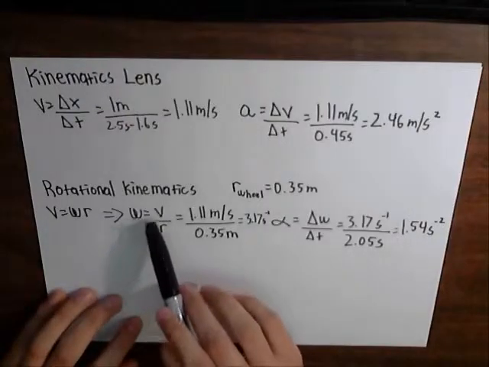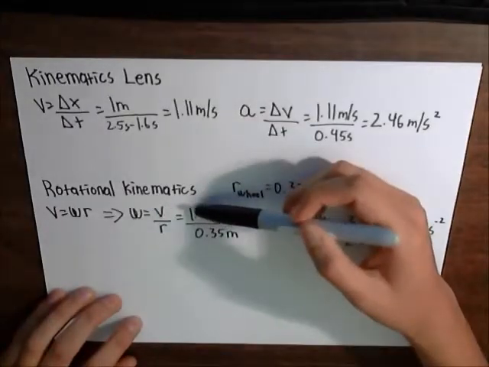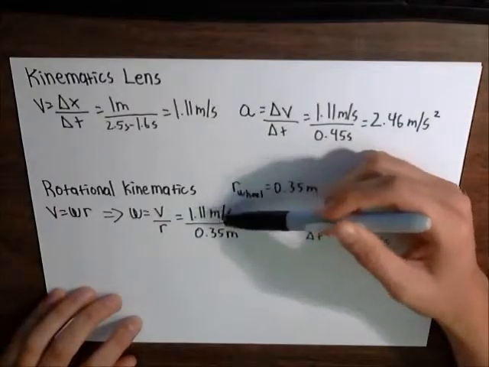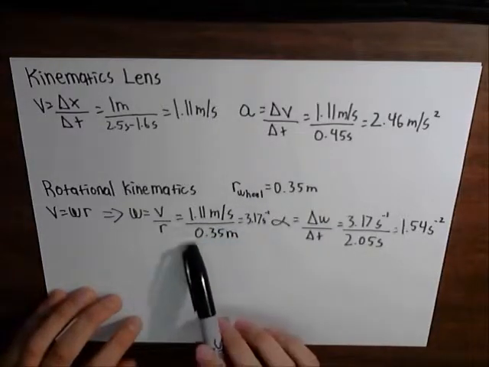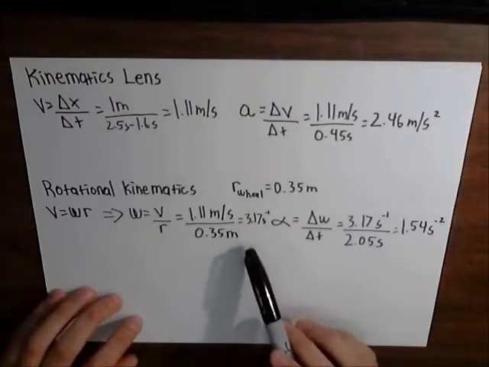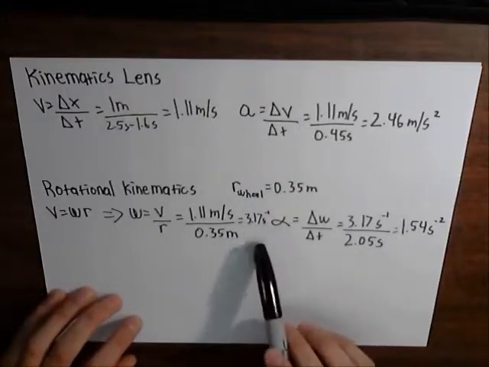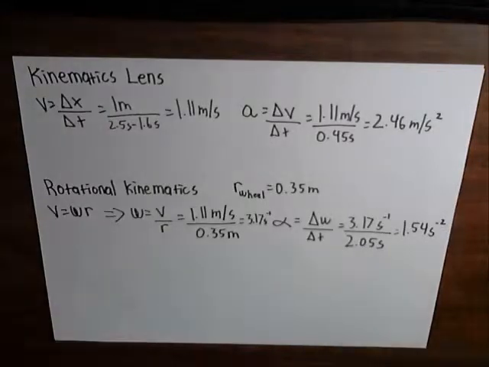So omega would equal velocity over radius, and we just found the velocity, which is 1.11 meters per second, and we know the radius because we measured it, so it's 0.35 meters. And if we calculate it, we get 3.17 radians per second.